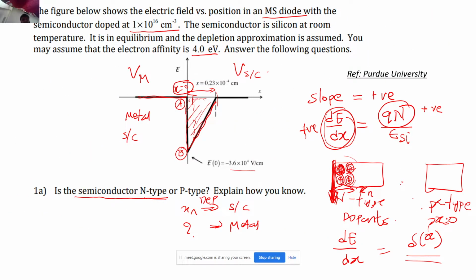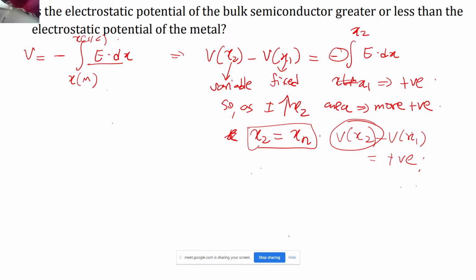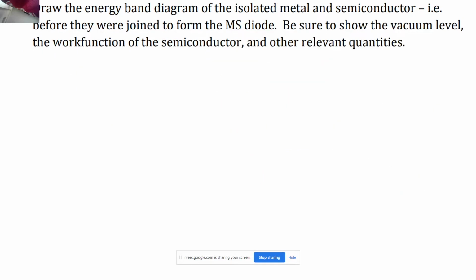This is the metal, because there is a sudden jump at x equal to 0, and we have a depletion region over there. So this is the semiconductor side. What this suggests is that the right side is more positive in potential, so the bulk semiconductor is more positive as compared to the electrostatic potential of the metal, right? I hope this question was clear. If you have any doubt, then please proceed ahead.